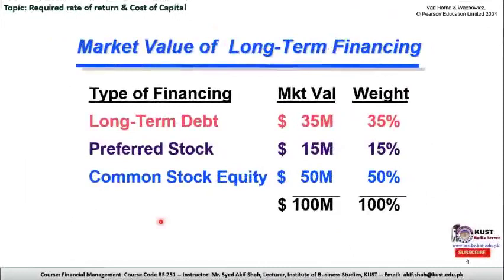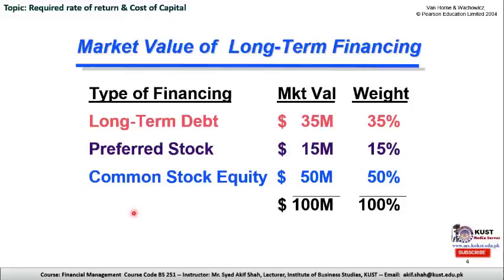Here is a glimpse of the proportion or overall cost of capital that we have discussed before. We have basically three types of financing, and the market value of long-term financing is shown before you: the long-term debt in our company, preferred stock, and the last option, which is very important, common stock equity.